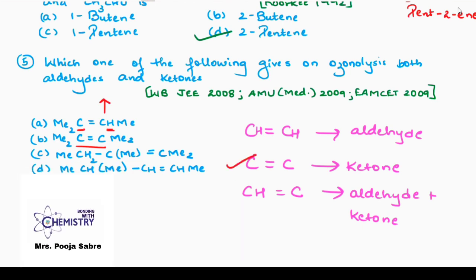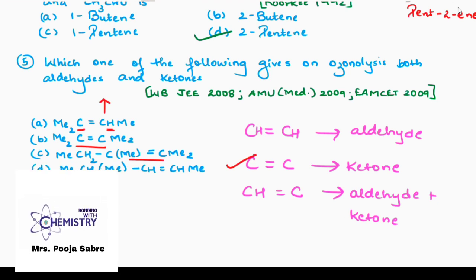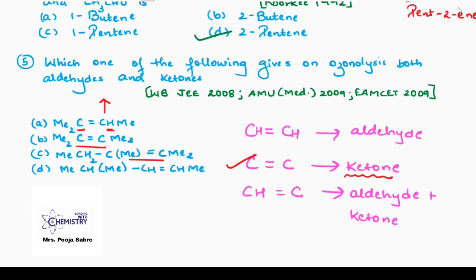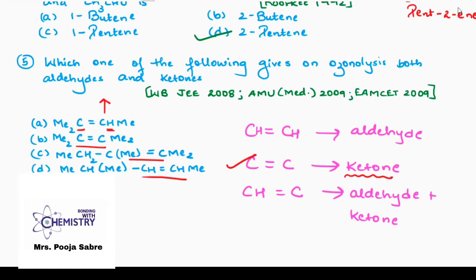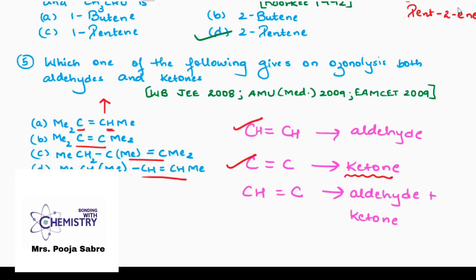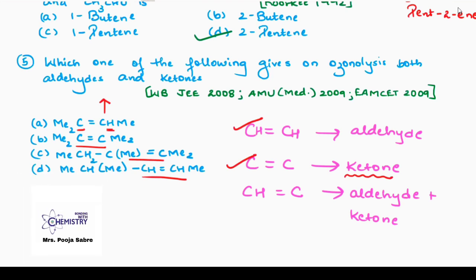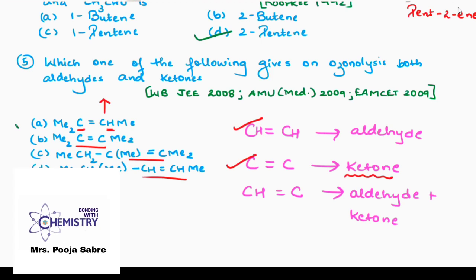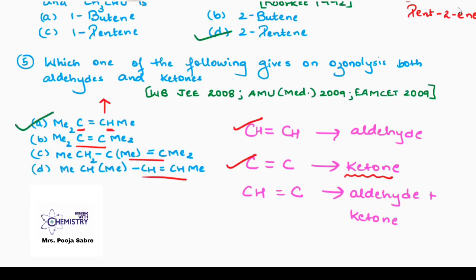In the third option, again these 2 carbons do not contain any hydrogen, so again it will give us both ketonic groups. The last one contains a hydrogen, so it will give us both aldehydic groups. So our correct option is A, because it can give aldehyde and ketone.